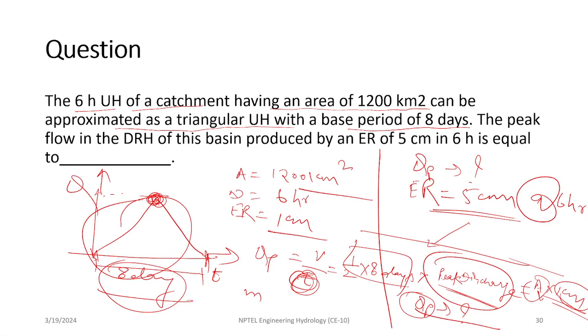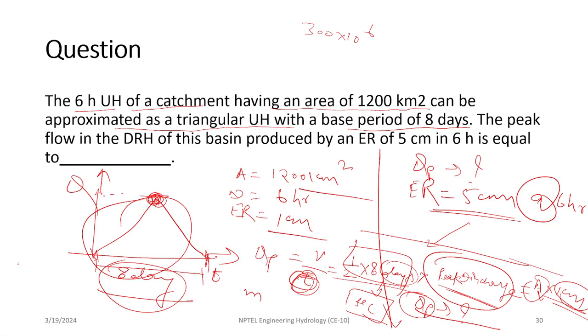So 300 into 10 to the power 6. How much are you getting? Have you taken care of all the units? Like days should be converted into seconds. No. It won't work then.